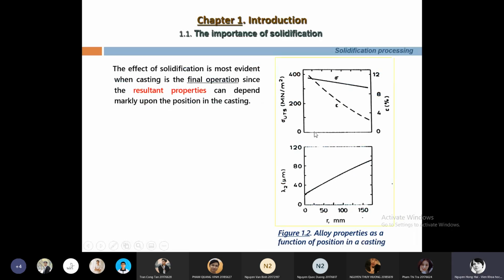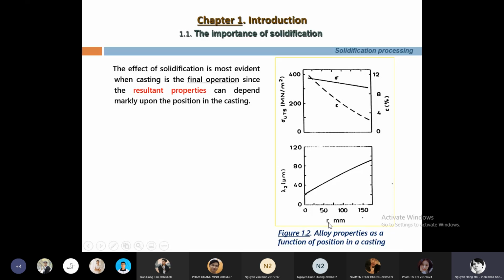Here in this coordinate, you have the ultimate strength and elongation in percent and megapascal. Here we have the axis. We have the dimension of the sample, the bar, maybe the radius of the bar, the specimen.